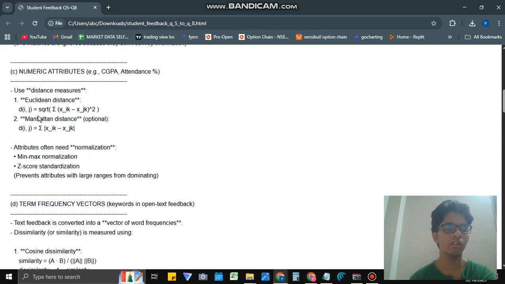For Euclidean, the formula is the square root of the summation of (xi minus xj) whole square, that is the difference between the value of the first data point and the second, squared: x1 minus x2, plus y1 minus y2, plus z1 minus z2, all squared and summed, and then we take the square root. That's how we find the Euclidean distance.